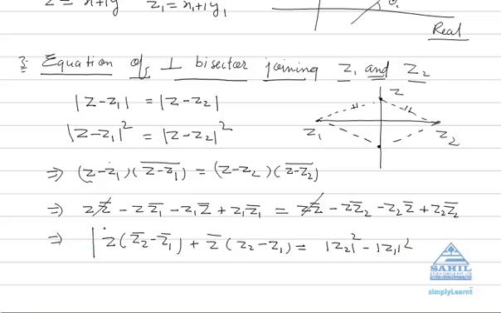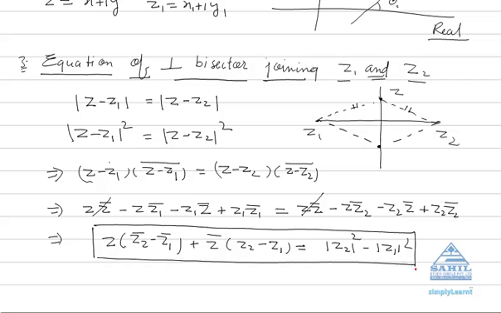This is the standard form of the equation of the perpendicular bisector in complex numbers. I think you easily got this concept. Always remember that the equation of the perpendicular bisector is the locus of a point such that the distance from this point and this point will always be equal. Okay, dears?